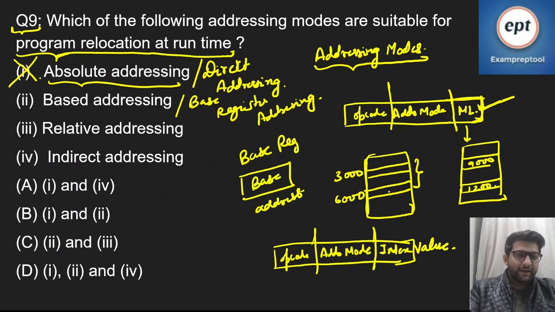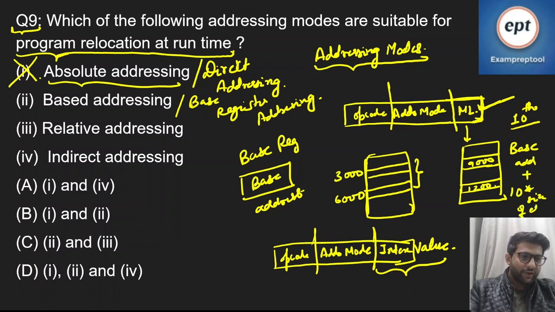So even if we relocate a program from here to here, the offset within the array will be the same. If we want to access, let's say, the 10th element of the array, even if the base address is changed, the 10th value will be stored at the base address plus 10 times the size of an element.